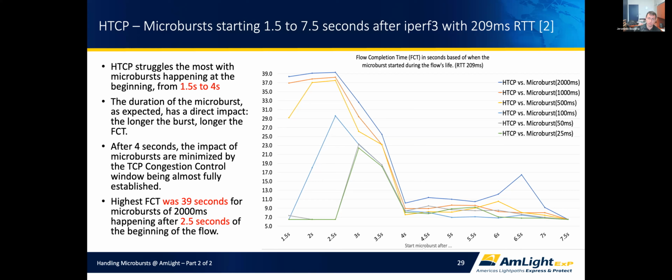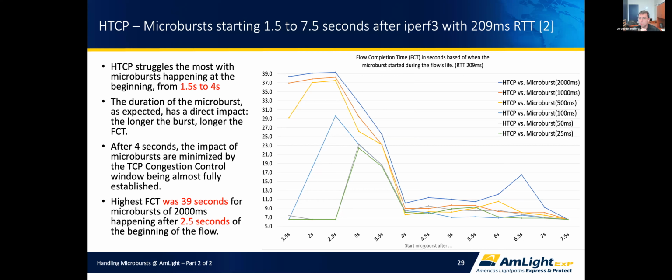But remember, there was only one microburst of one duration. And the duration is the colors of the lines of the graph. You can see the legend here. A microburst of 25 milliseconds is the green line. The gray line is 50 milliseconds. The most important one is the blue one on top, which is 2000 milliseconds. And the one under it, which I think is orange, is 1000 milliseconds.